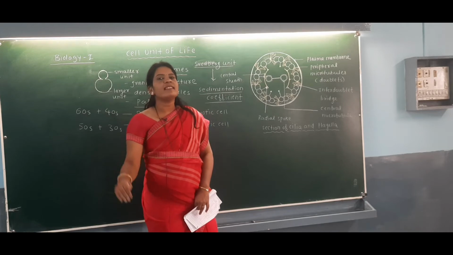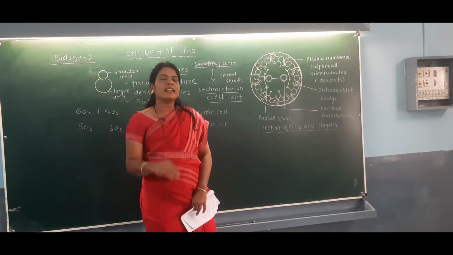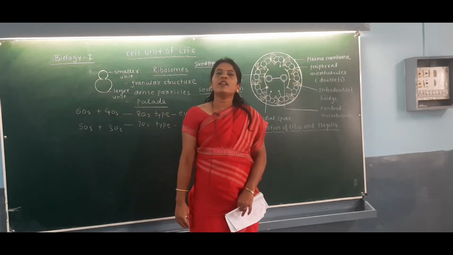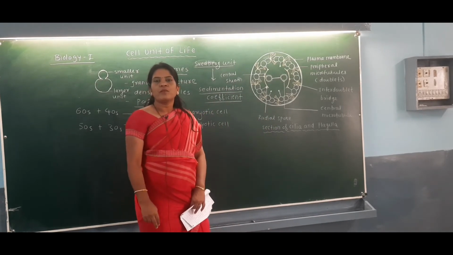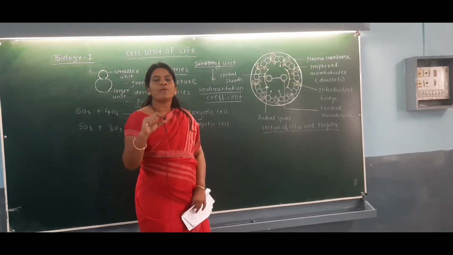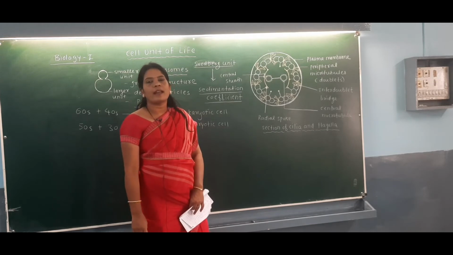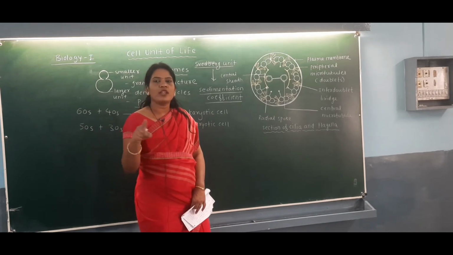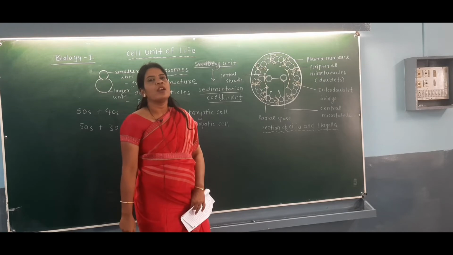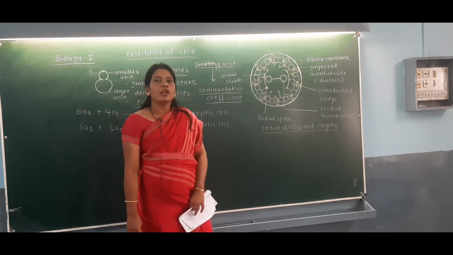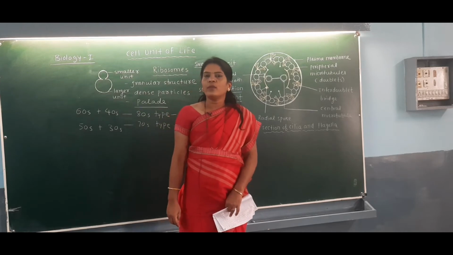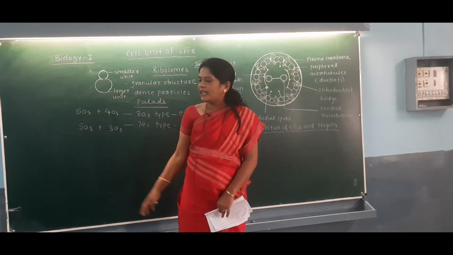So in 70S and 80S, S indicates the Swedberg unit, and the Swedberg unit is nothing but the sedimentation coefficient, which denotes the density or the size of that particular ribosome during the centrifugation force, during the sedimentation of that particular ribosome.